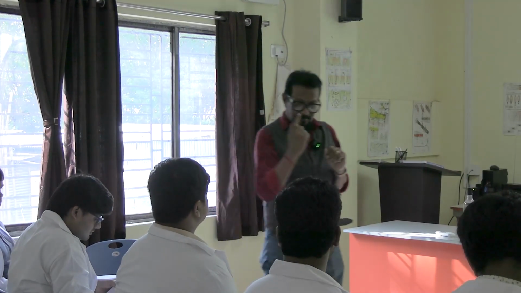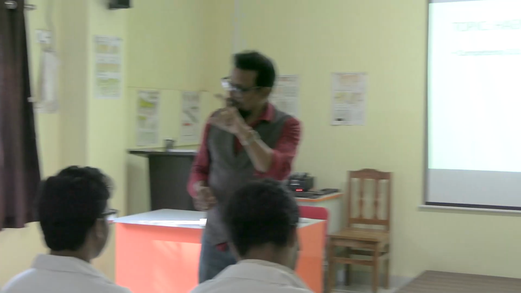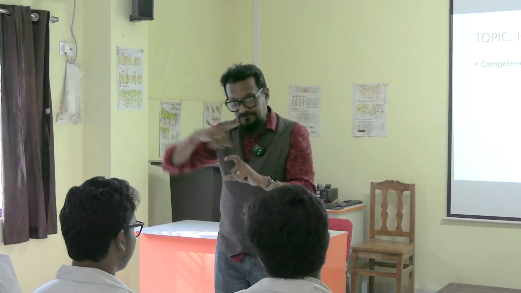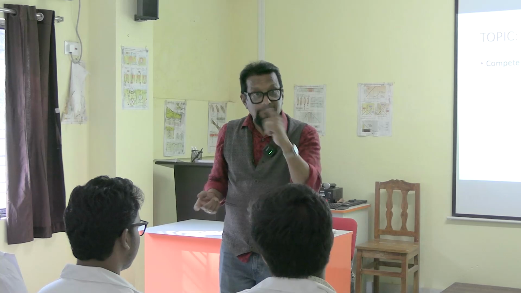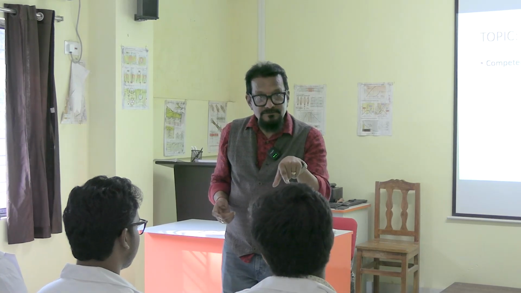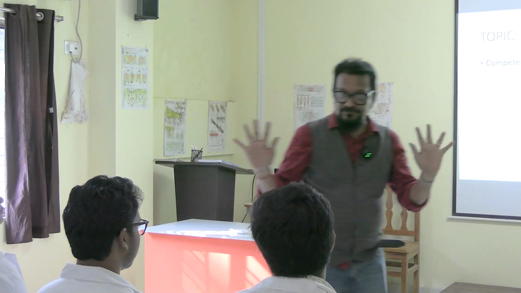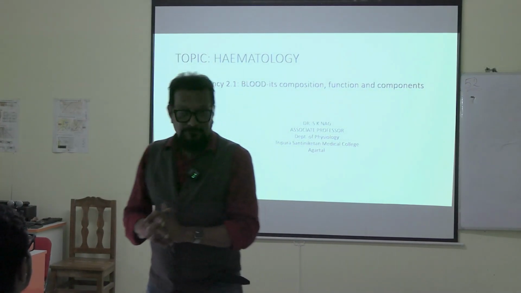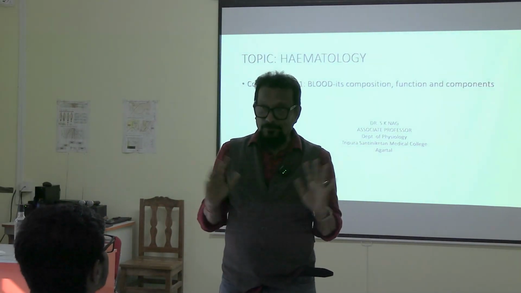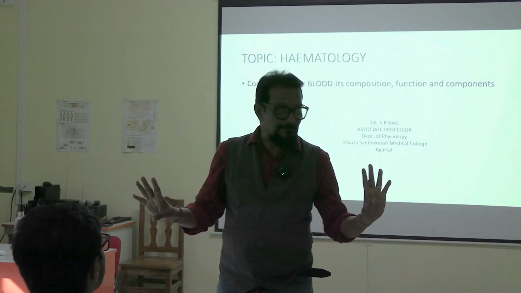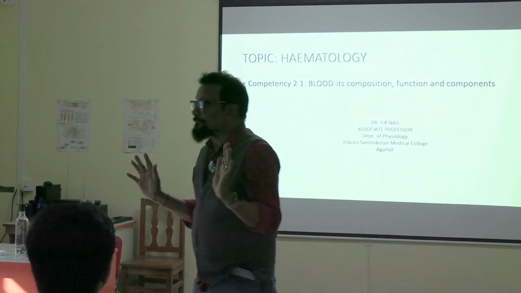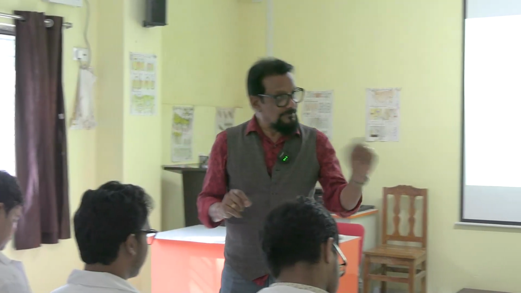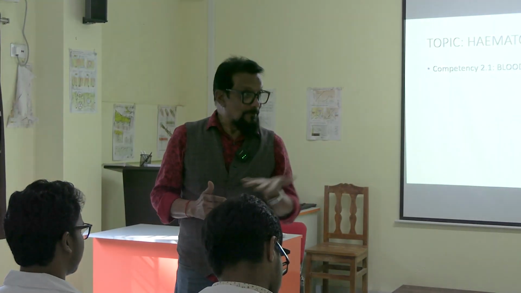So I will take blood and add it in a Wintrobe tube which is having anticoagulants. Can you name the anticoagulants? Very good. One is EDTA. I told you to remember the full form of EDTA. So these are the anticoagulants we use for knowing the composition.